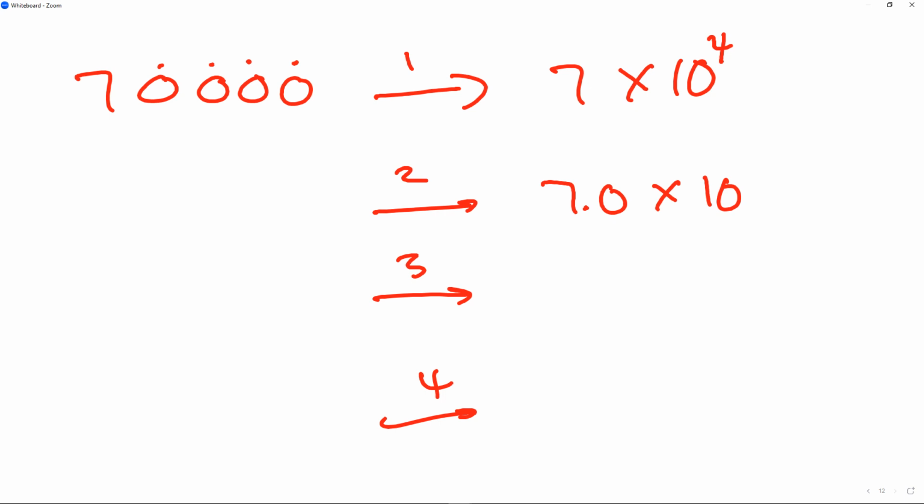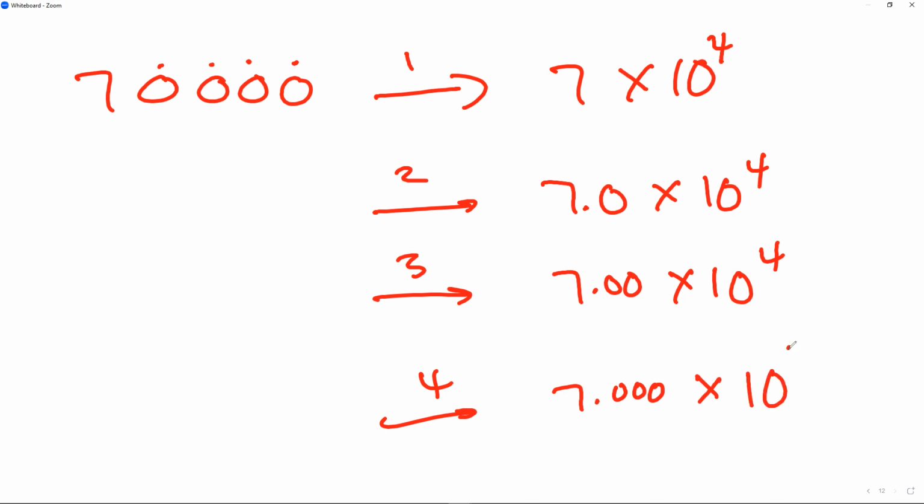Looking at this, what you're noticing is that the next one is going to be 7.00 times 10 to the power of 4, which means that I'm simply adding a 0. That's it. And the 10 to the power of 4 remains exactly the same all the way through. All right.